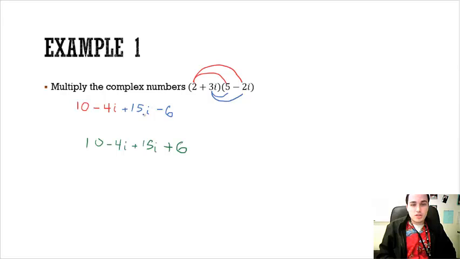So if I change that i squared to a -1, which it is, then here you can see I've got -6 times -1 became positive 6. And now I'm just going to combine all these like terms here. So 10 and 6 are like terms, making 16. -4i and positive 15i make positive 11i. And so then that would be that answer right there.